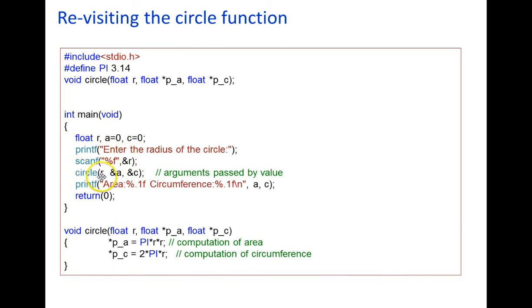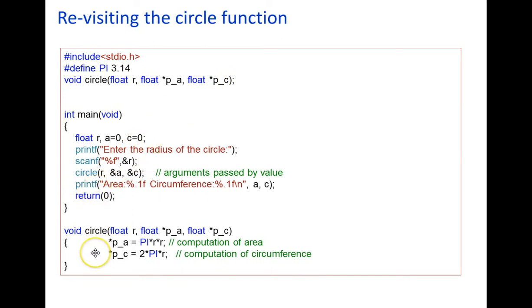This is the call statement where R is the radius, so that lines up with this. The address of A, so this variable is now going to be coming into circle, where the pointer to A is right here. And finally the address of C, so this pointer is going to be pointing to C back in the main program. Okay, then we print the answer and return.